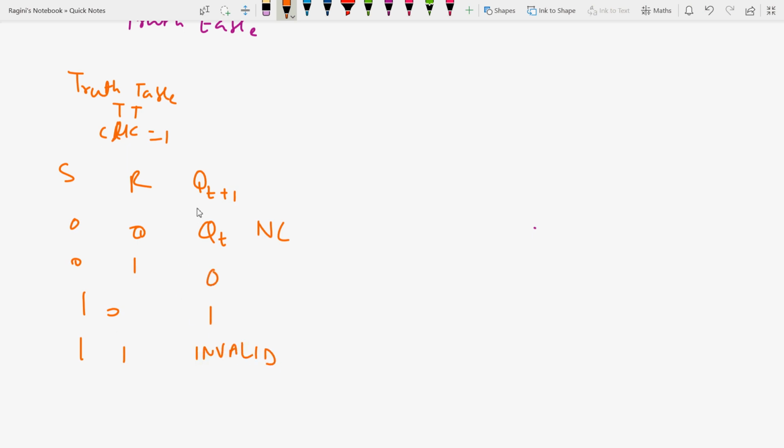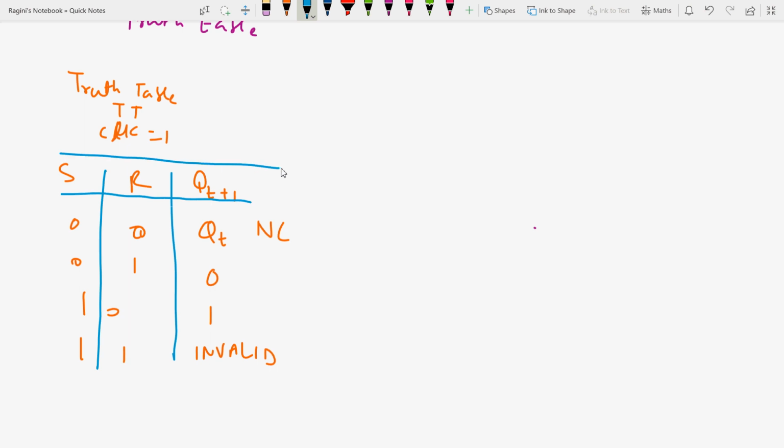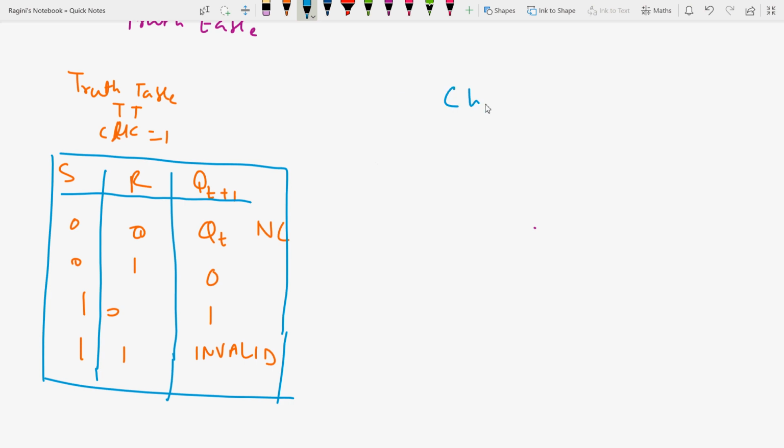Now we will generate the excitation table according to the truth table. So first of all, you should know the truth table. Now, first we have to generate the characteristic table.